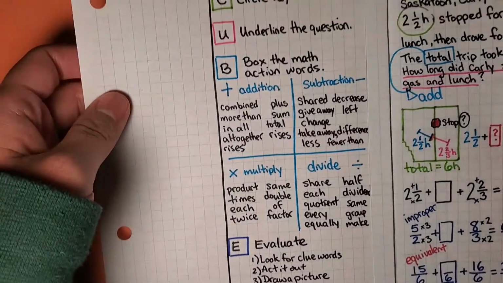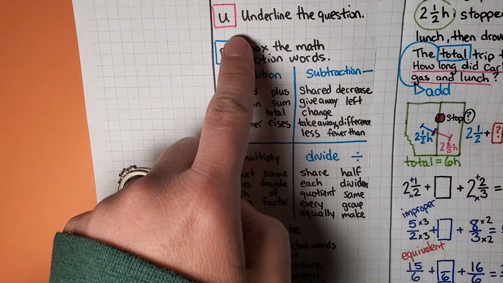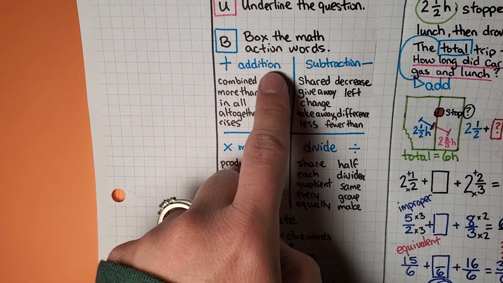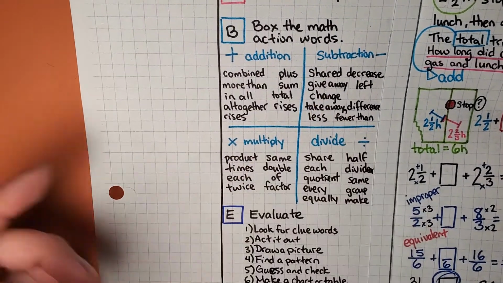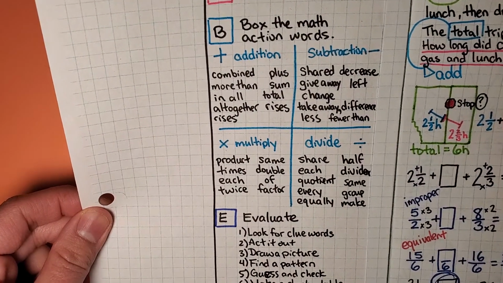So the first part of CUBES check is to C, circle the key numbers, U, underline the question, B, box up the math action words. There's a quick little cheat sheet of which operation and which words correspond.